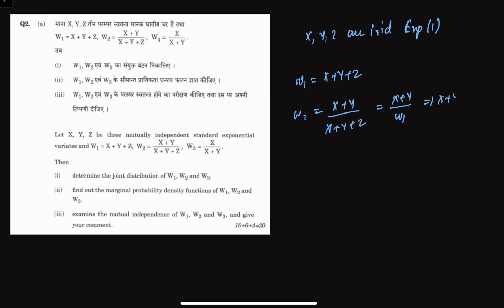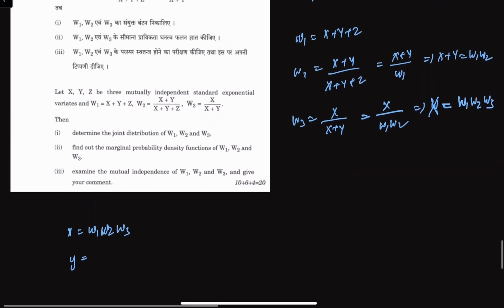So X plus Y is W1 W2, and W3 is X by (X plus Y), which is nothing but X by W1 W2. That means X is nothing but W1 W2 W3.